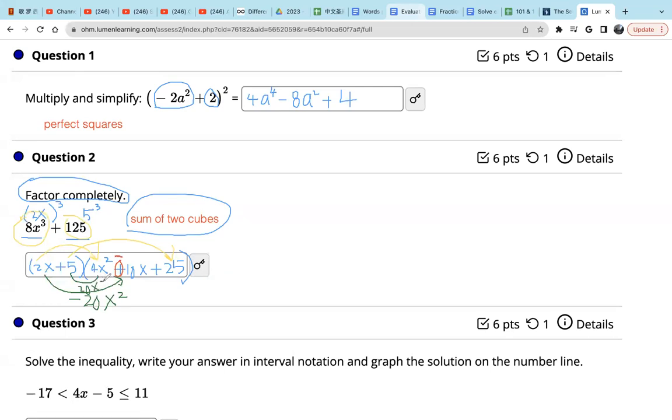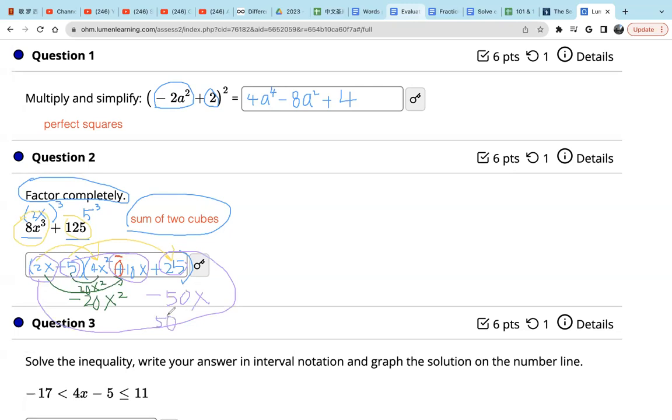Then we have another pair. Let's use purple color. We have 5 times negative 10x, that's negative 50x. Then we also have 2x times 25, that's a positive 50x.